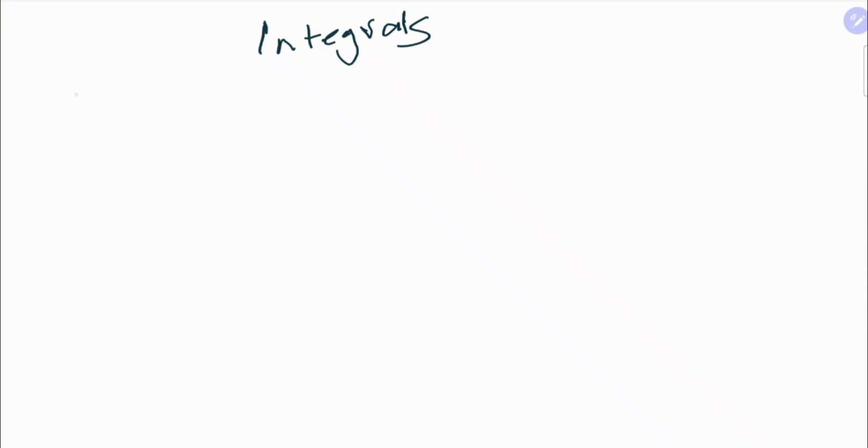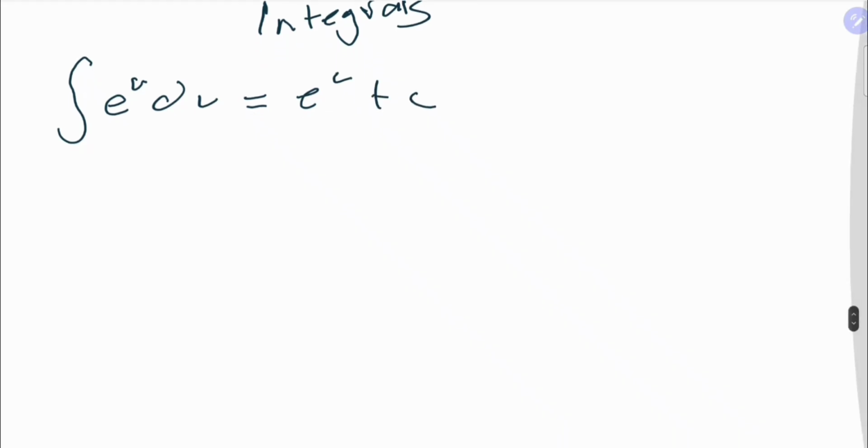This integral being the integral of e to the u du equals e to the u plus c. So basically, we're going to want to try and manipulate the integrals to get this.